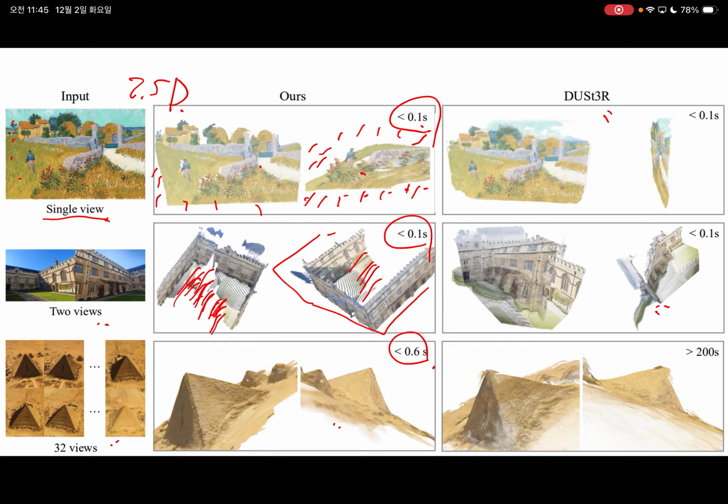That is the reason why the discriminative approach outputs this kind of empty space. If this is based on a generative model, it can hallucinate this kind of unobserved region. There can be some grass plane or anything. We can hallucinate many possible 3D structures if we use a generative model, but discriminative approaches cannot hallucinate. That is the difference between discriminative and generative models.